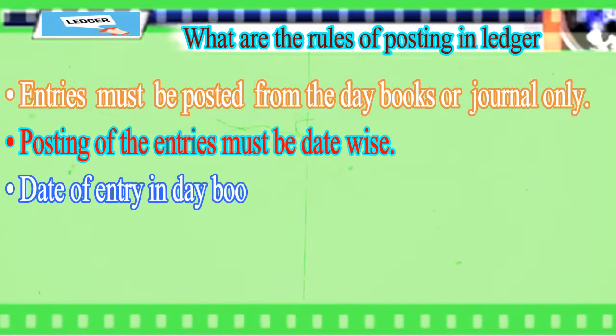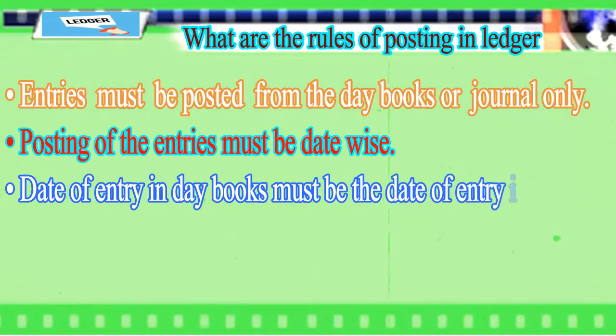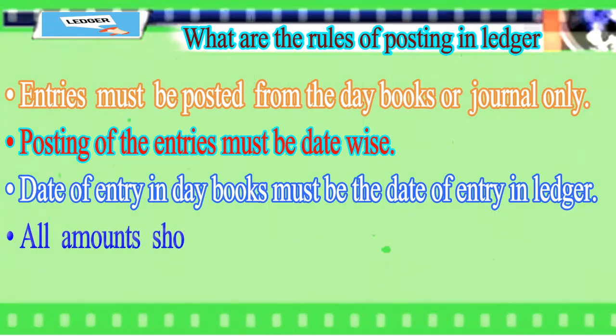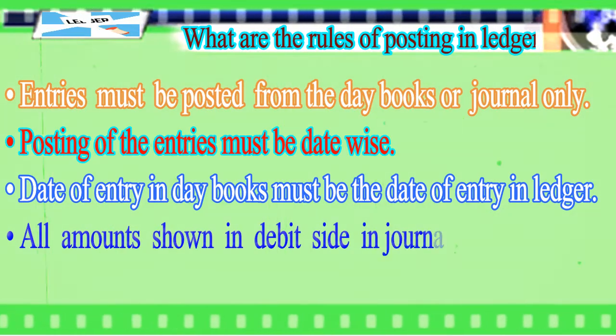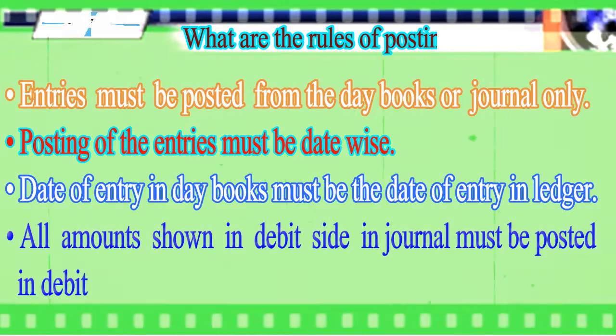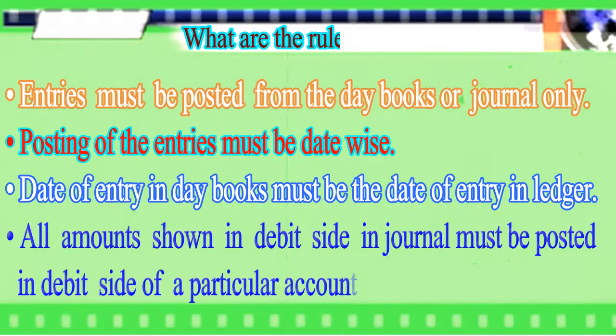Date of entry in daybooks must be the date of entry in ledger. All amounts shown in the debit side in the journal must be posted in the debit side of a particular account.